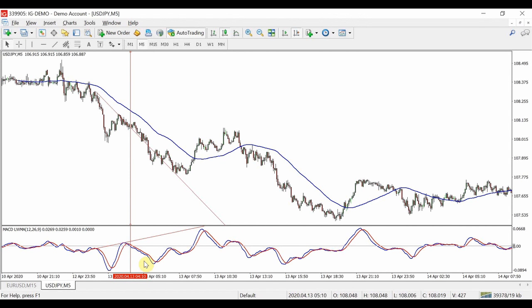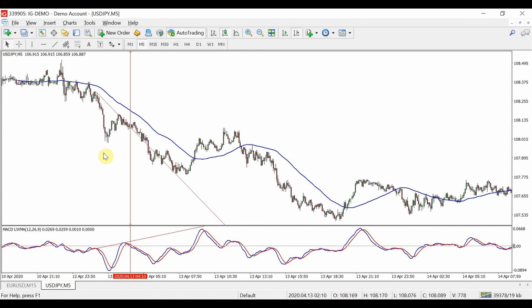So when the oscillator goes above the zero line, as you can see over here, and we are inside a bearish divergence example, it gives a higher probability. Well, this is my opinion anyway. It gives a higher probability that price is going to go back towards the downside. I don't know why that is. It's just when I trade it and this type of setup occurs, it doesn't always happen.